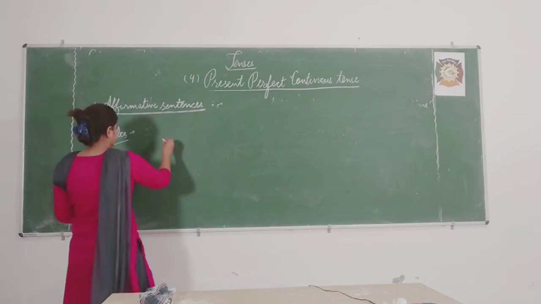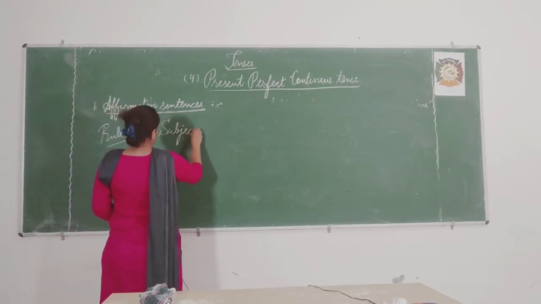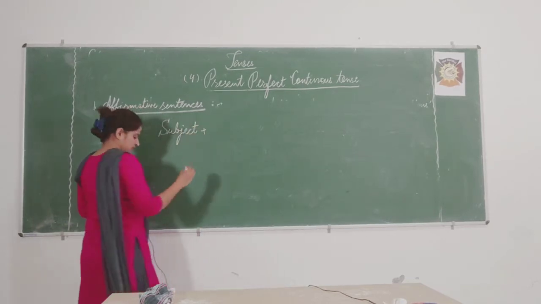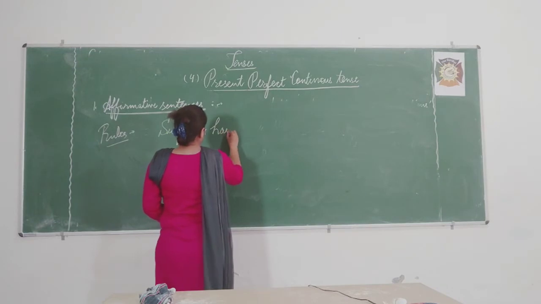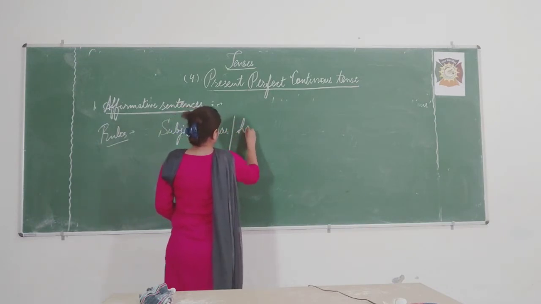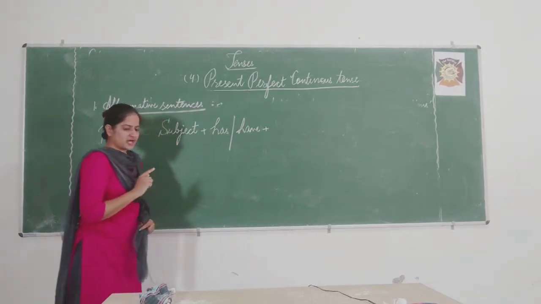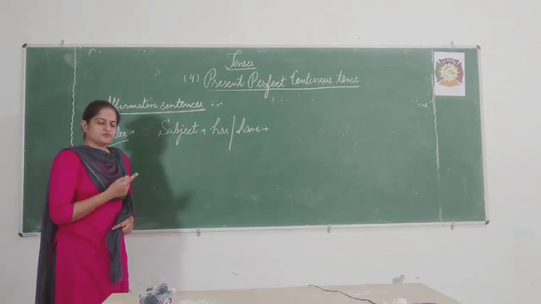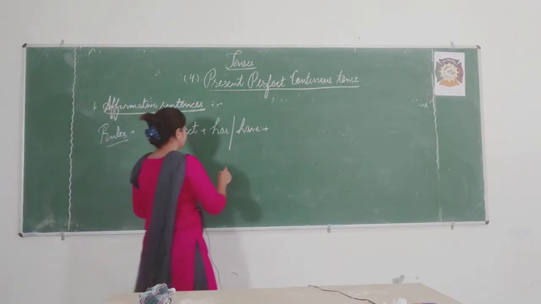First of all, you have to write subject. Then comes the helping verb has or have. We have to make use of has or have with regard to the subject of the sentence. This I will tell you.